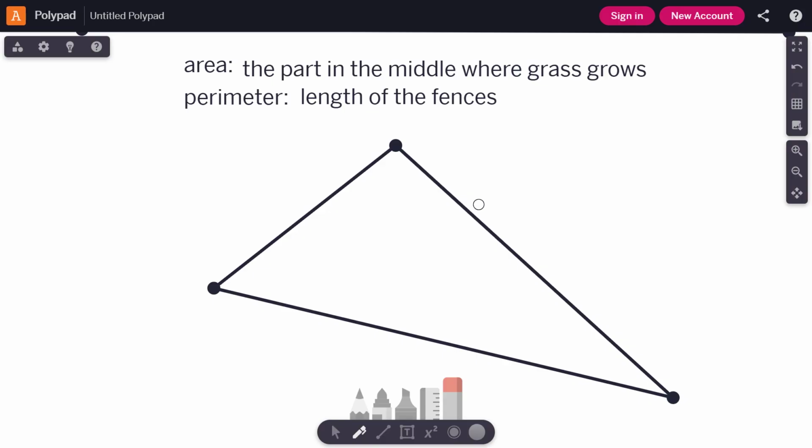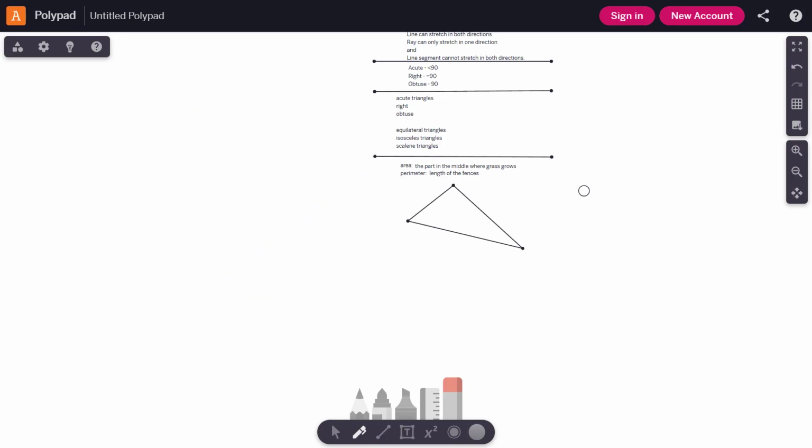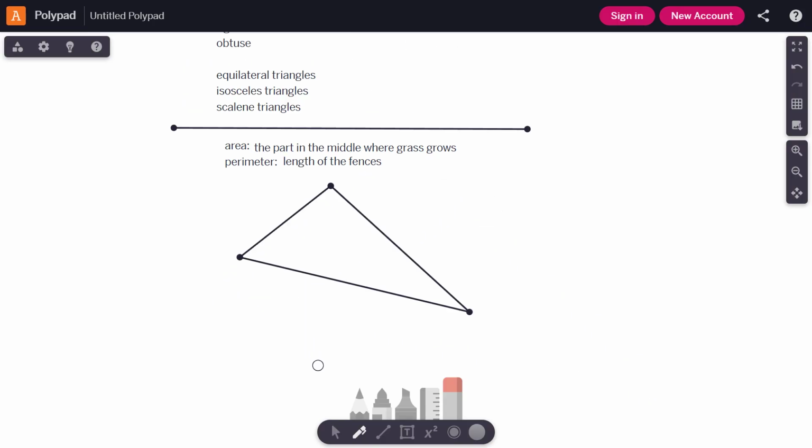If we're done with this, it's time to do calculations. First, we have to calculate the perimeter of a triangle. For starter questions, they're gonna tell you all three sides.